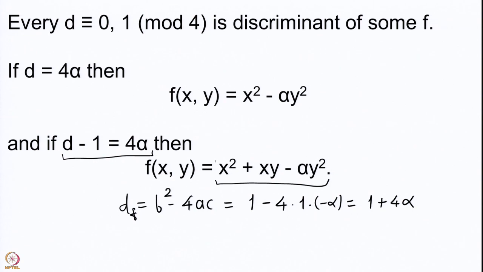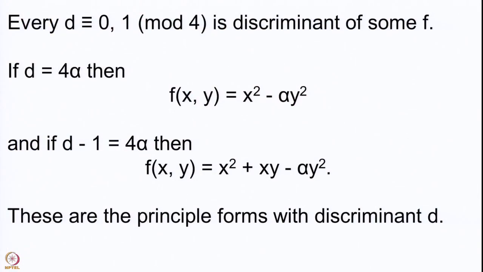Moreover, these two examples of forms that we have given are the simplest looking forms. Even the second one, here the coefficient of x square is 1, this is 1, this is 1 and then this is the number that it has to have, because you ultimately want the discriminant to be the number 1 plus 4 alpha. So, these are the simplest forms.